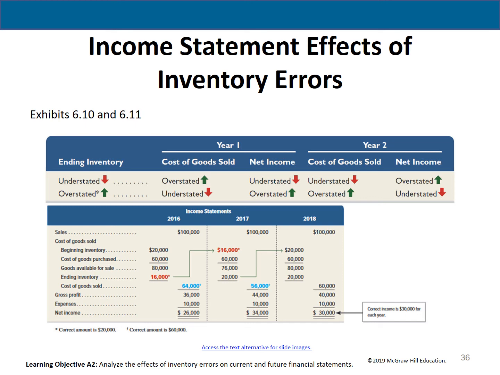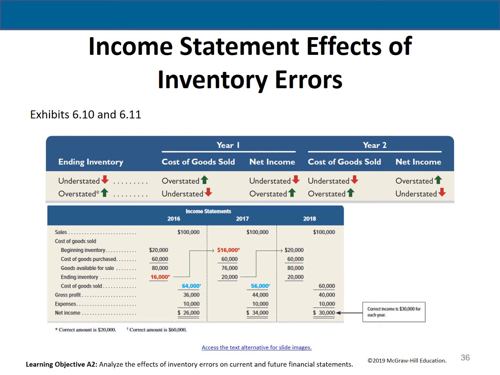Okay, so they have some numbers there. 2016, ending inventory is 16,000. Let's say that 16,000, you can see how it flows through, was too low. It is understated.